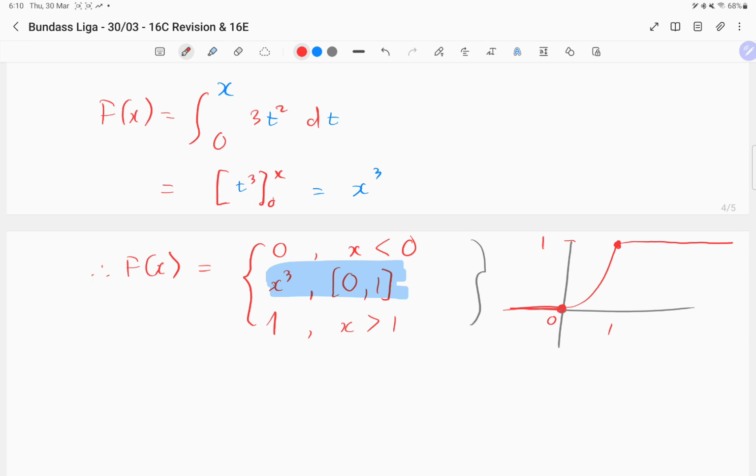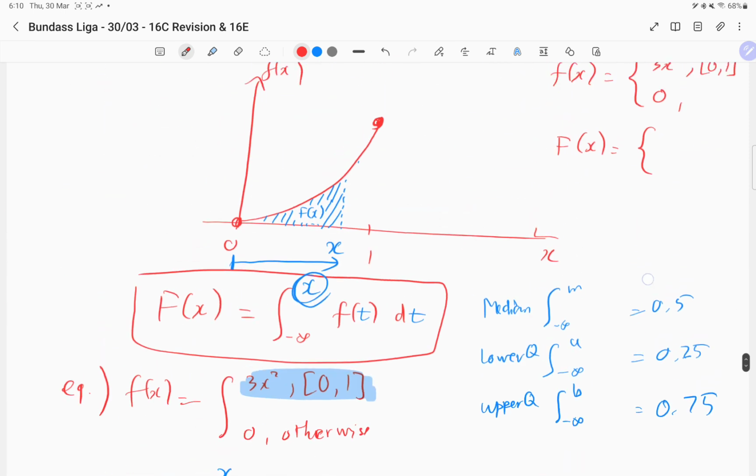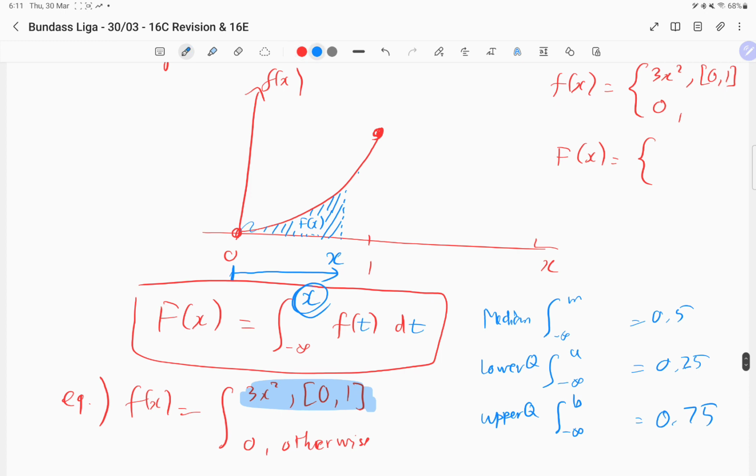Why is that the case? This is the big F of x graph against x. Why do you think it's just fixed at 1 after the point x equals 1? Yes, the area is equal to 1, and for any point after this, remember if we were to draw the PDF, it goes up here, but after that it would be 0, and before that it would also be 0.